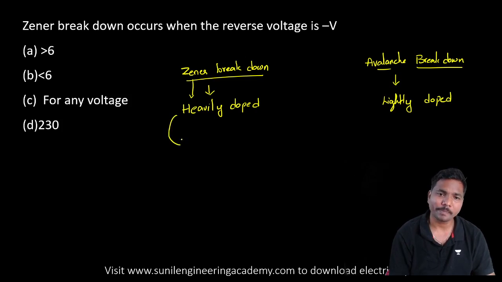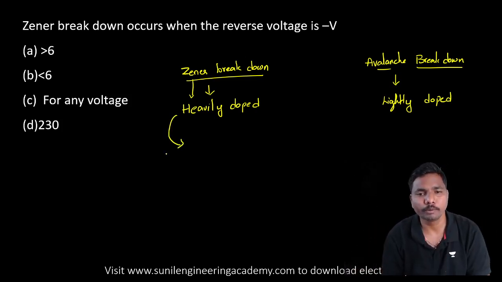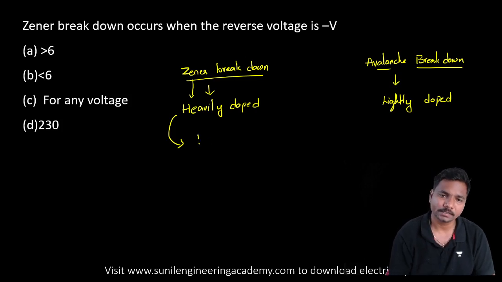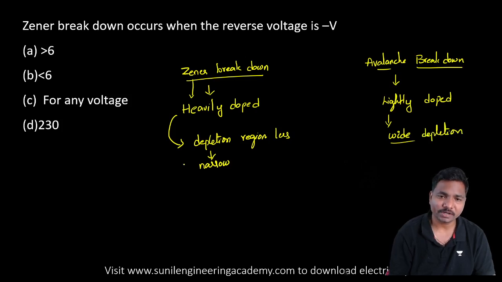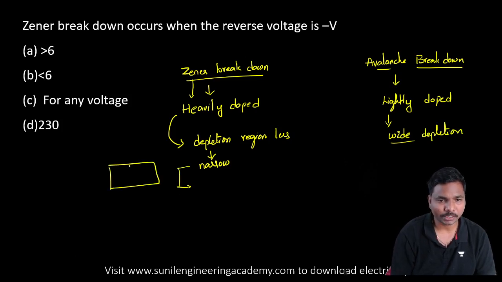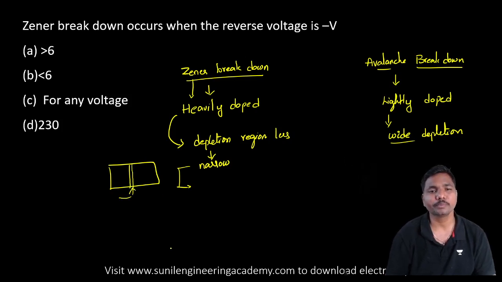So whenever the doping is more, what about the depletion region? Less, na? The depletion region is less, that is, you can say narrow. Here lightly doped means a wide depletion region. Whenever the depletion region is narrow, what about the requirement of voltage to break it?